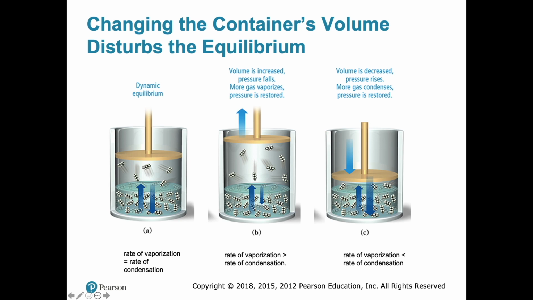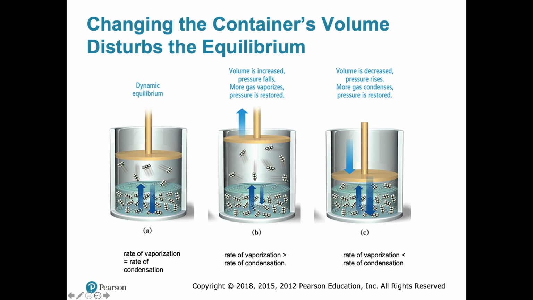When you increase the volume in a closed system, think of it like a syringe plunger right there, and there's nothing at the bottom to let anything out. What happens inside? The pressure decreases. It turns into a vacuum, and when it does, the pressure above the liquid is no longer as strong, and so more of the liquid can become a gas, regardless of what the temperature is.